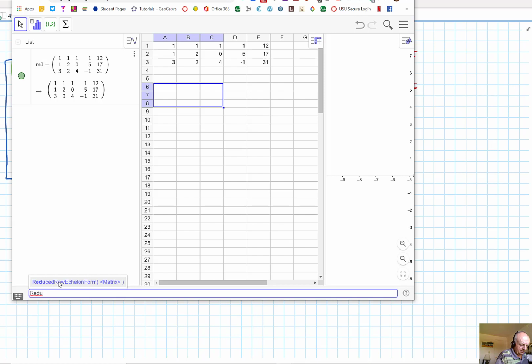So reduced row echelon form is actually the command. So there it is. And now you just want to type in what matrix it is that you're working on. M1. So if you hit enter, there it is, and notice it's the same thing that we've done. So it doesn't give you the steps, of course, but it gives you the reduced matrix.